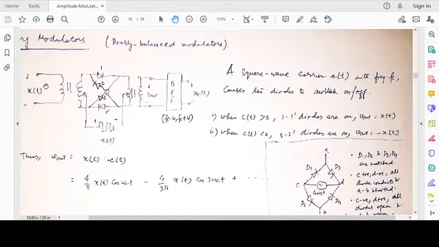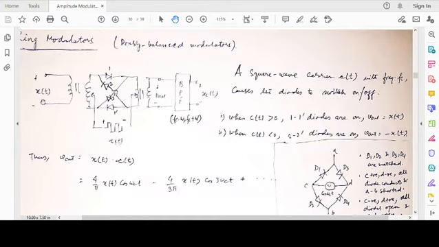Here you see x(t) is balanced, plus minus, so differential input. Here you see the carrier is also provided in a balanced mode, plus minus. So you have a differential carrier input.